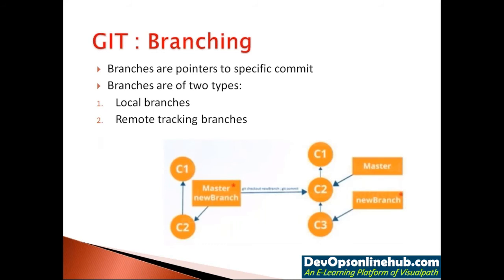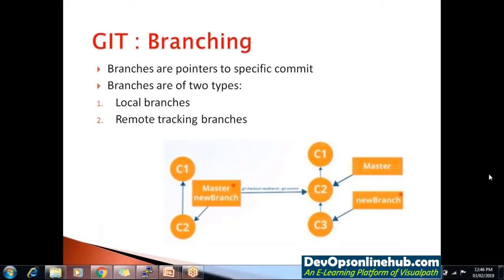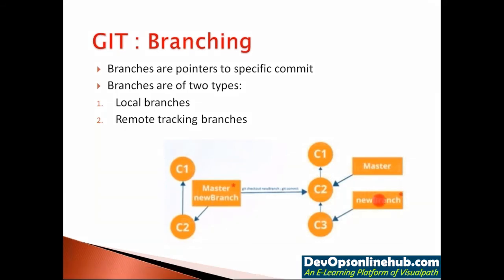As the diagram shows, you can visualize this. C1 is my first commit. After that I committed C2, and this refers to my master branch. I was in the master branch because the star is given to master.